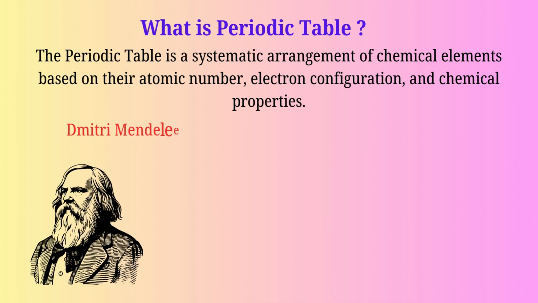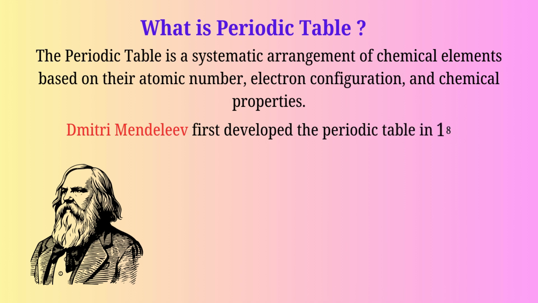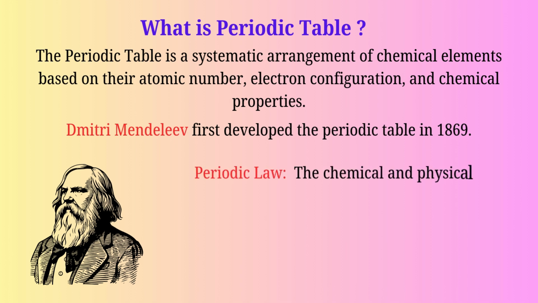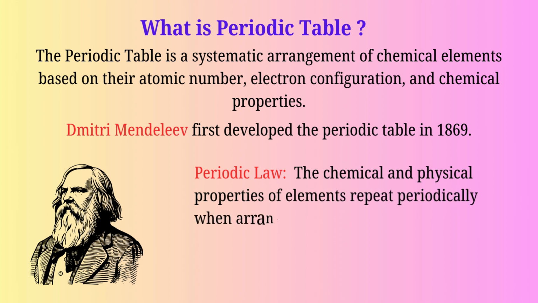Dmitri Mendeleev first developed the periodic table in 1869, and it has been modified over time with the discovery of new elements. The modern periodic table follows the periodic law, which states that the chemical and physical properties of elements repeat periodically when arranged by increasing atomic number.